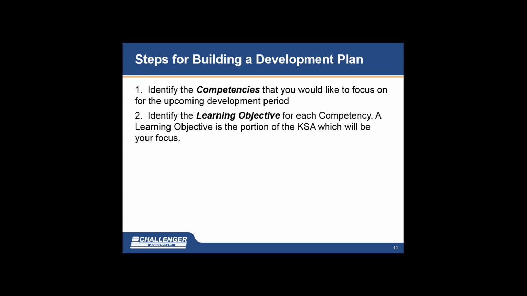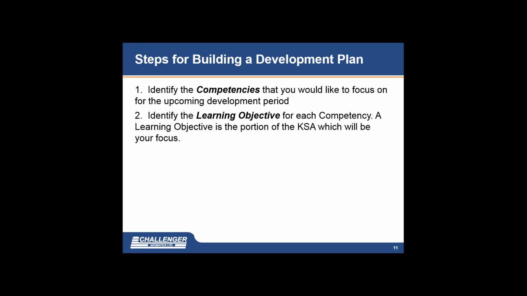And then you need to identify a learning objective for each competency. Some of the competencies are relatively complex. It wouldn't be very realistic to think that you can put a competency down and by the end of the year you will know literally everything about that skill. It's unlikely to happen. It could happen, but it's more likely that you need to break down the different components of that skill and focus on one of those components.